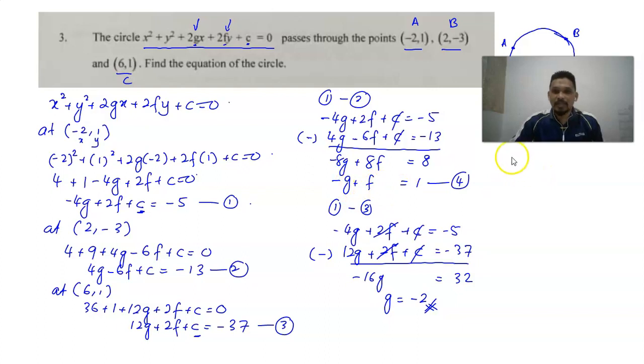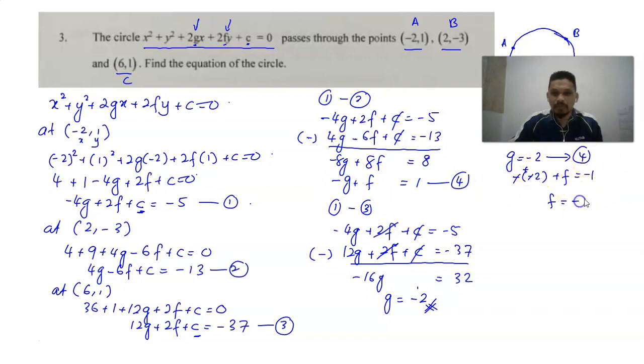Substitute g with negative 2 here, then we can get the f. So substitute g equal to negative 2 into equation 4 here. So negative g is negative 2, plus f equal to 1. Negative times negative become positive. So f equal to 2 here become negative.